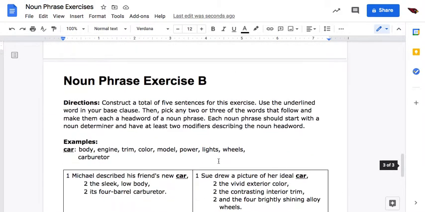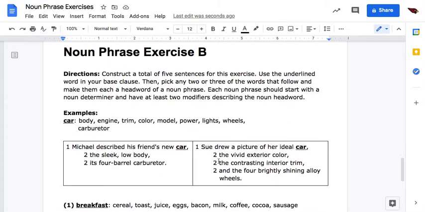So that's what exercise A looks like. Exercise B is challenging. Here's what you're being asked to do. It says you need to construct a total of 5 sentences for this exercise. Use the underlined word in the base clause. So in this example, car is the underlined word. It's got to be in your base clause. And then you pick 2 or 3 words that follow and turn them into the head words of noun phrases.